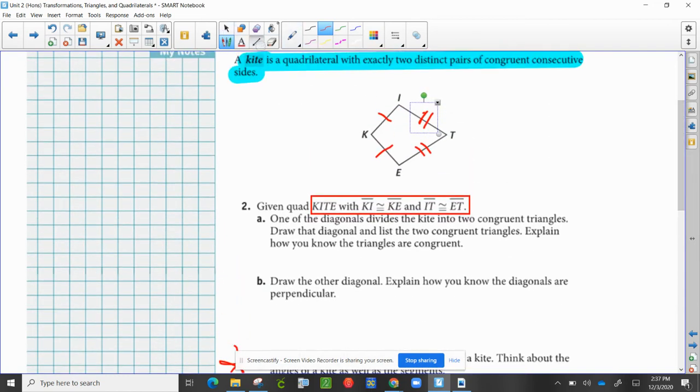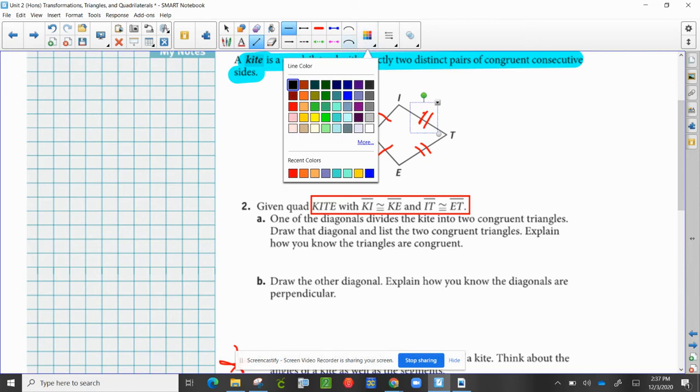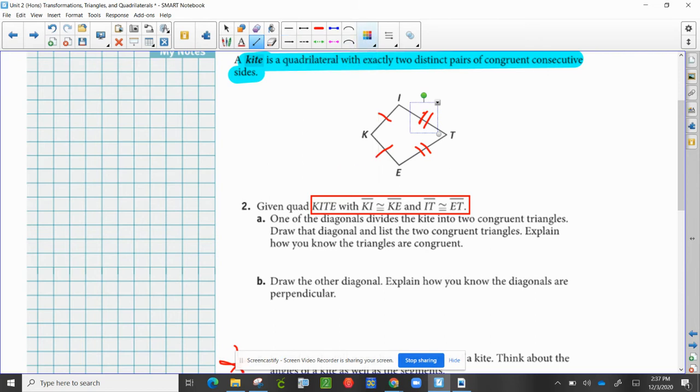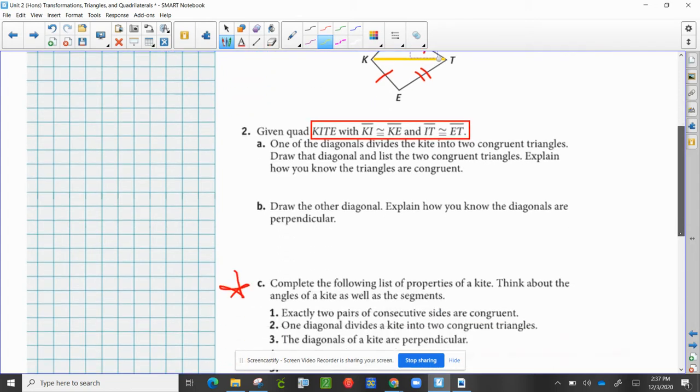If I take a line here, and let's say I just use this color, if I cut it through, so that diagonal KT, then we have 2 congruent triangles here. We have triangle KIT, and that would be congruent to triangle KET. So it gives us 2 congruent triangles. So that is another property of a kite.